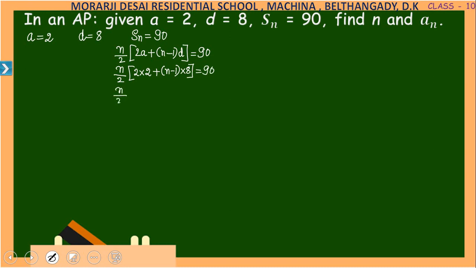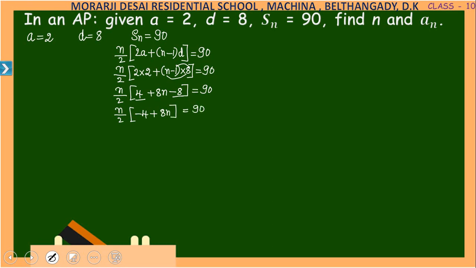Now n by 2, 2 2s are 4 plus here 8 to be multiplied to n and minus 1. 8 into n is 8n minus 8 is equal to 90. So n by 2, see here 4 and minus 8. 4 minus 8 is minus 4 plus 8n is equal to 90.